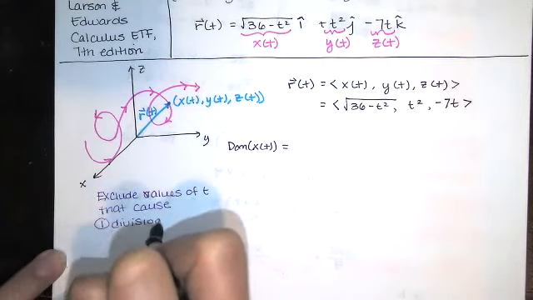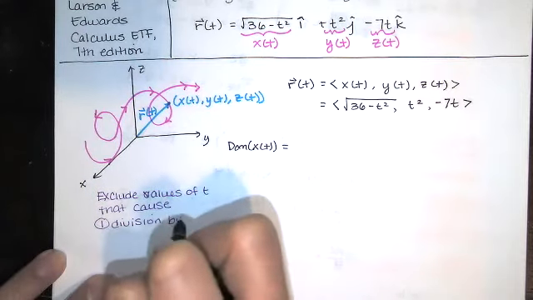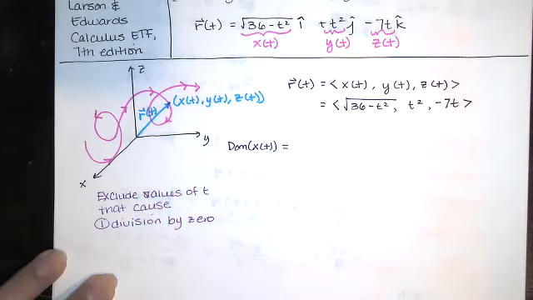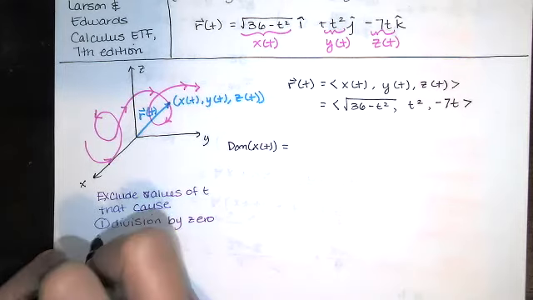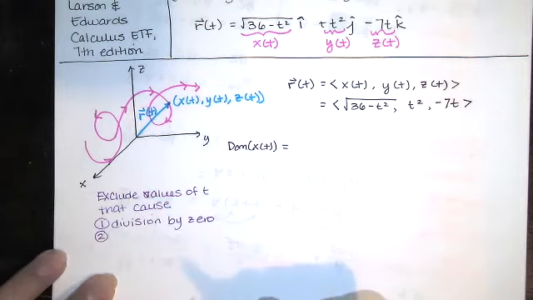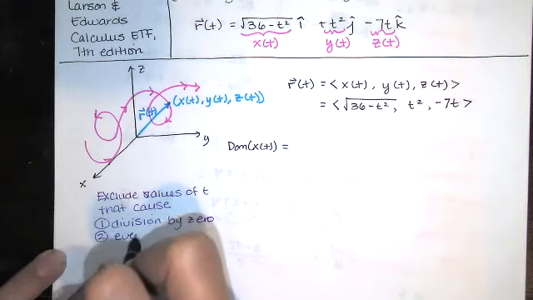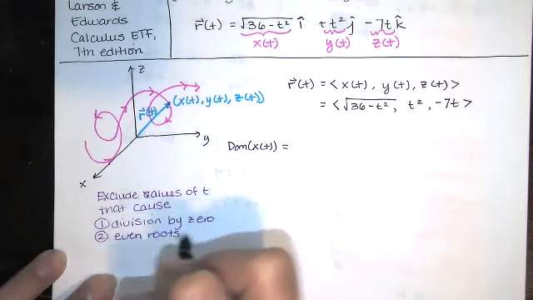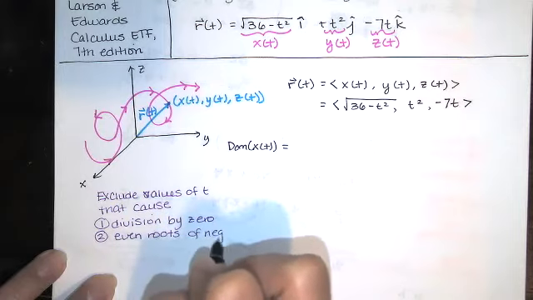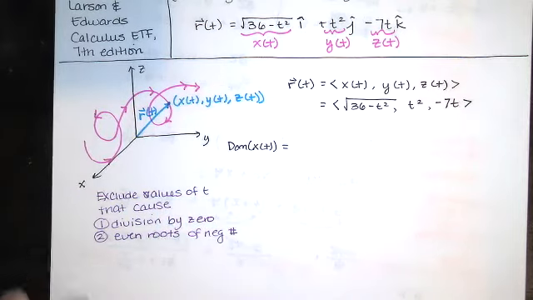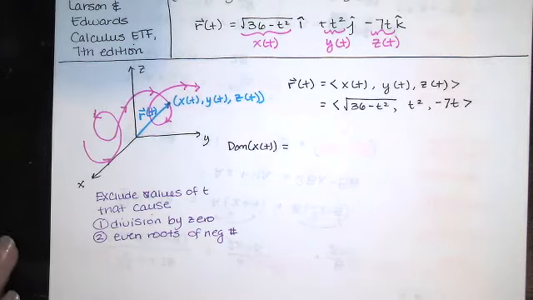So we want to exclude values of t that cause division by 0, because we know we're not allowed to divide by 0. We want to exclude values of t that cause even roots of negative numbers. So a square root of a negative, a fourth root of a negative, a sixth root of a negative, all of those are going to be complex numbers.